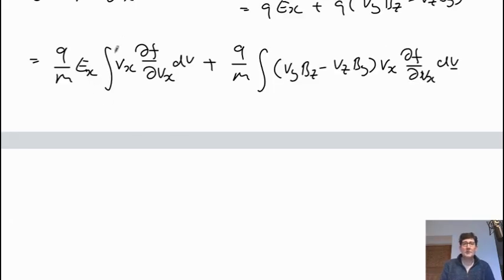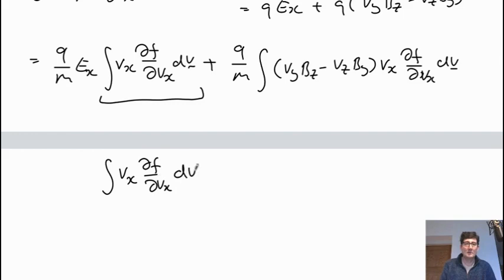This kind of term appears several times, so we can first consider what happens to this. Again, this is a three-dimensional integral over vx, vy, vz. So we take the vx component first: the integral of vx df/dvx dvx, and then we can integrate with vy and vz as well. Just taking this first part, we can differentiate this bit and integrate that part.